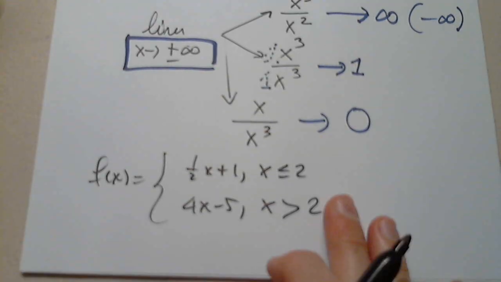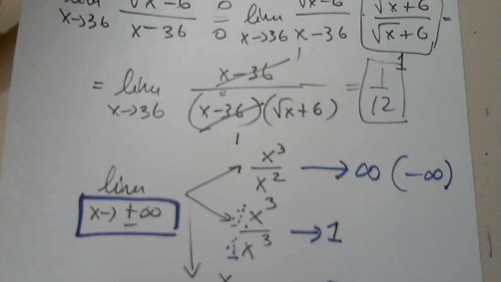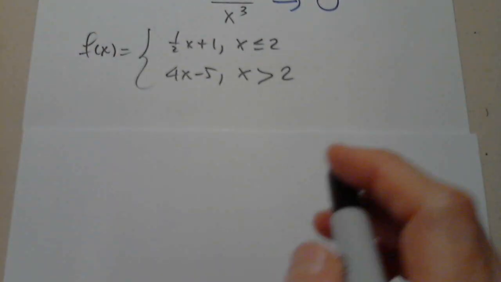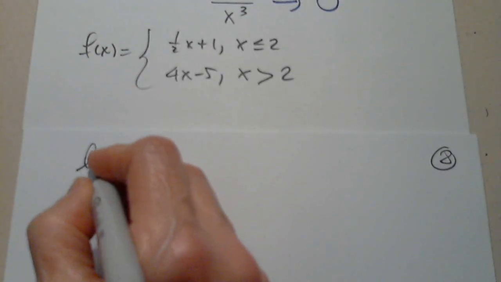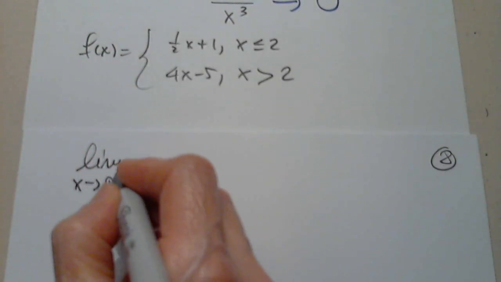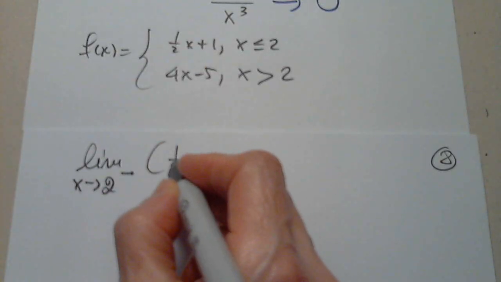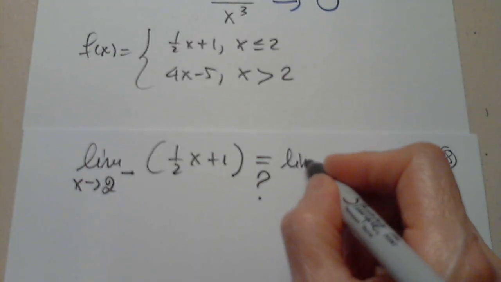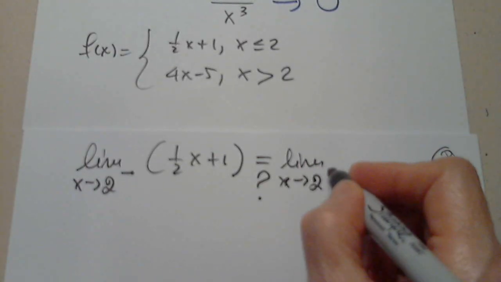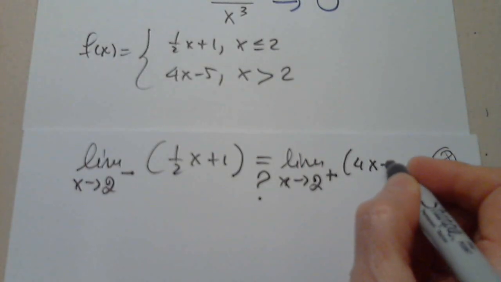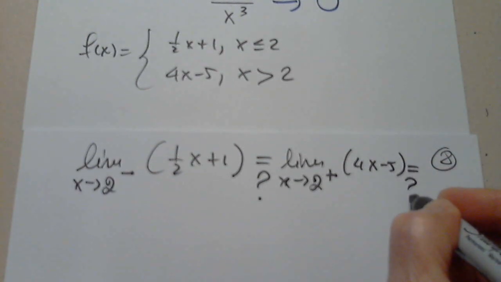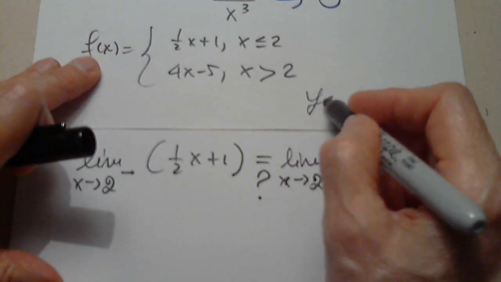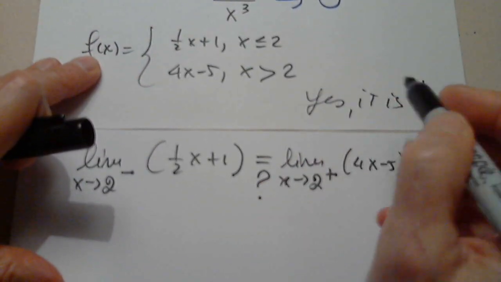So if I manage to show that the limit as x approaches 2 from the left of 1/2 x plus 1 equals the limit as x approaches 2 from the right of 4x minus 5, and if it equals f of 2, then I will say, yes, it is.